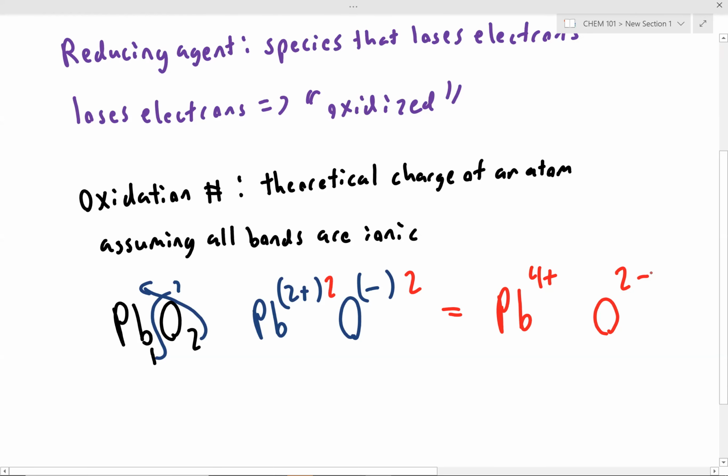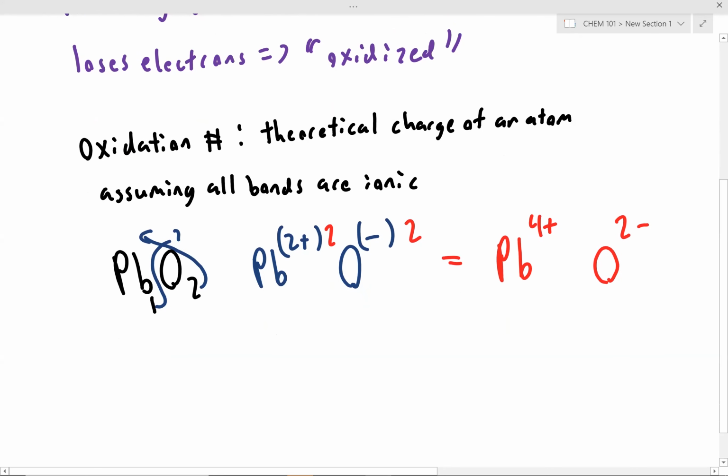Now, don't worry too much about why I put the plus sign in front for oxidation number and behind for charges. It's just implicit convention.